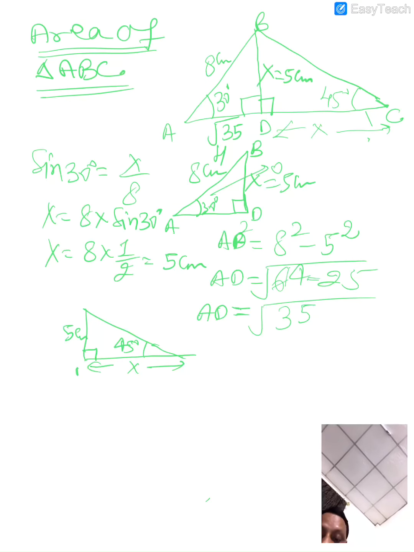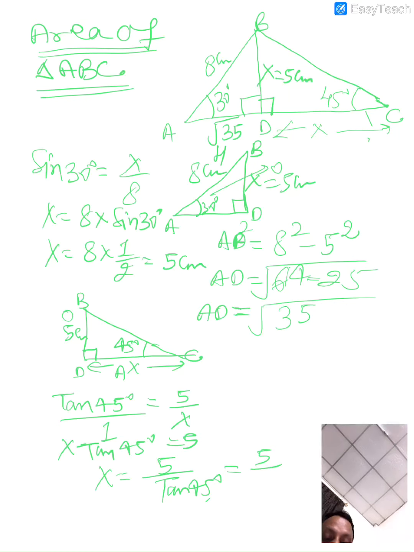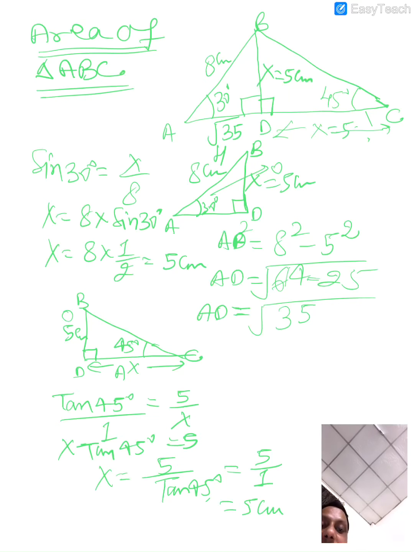This is the triangle D, B and C. So tan 45 is opposite over adjacent, so tan 45 degrees is equal to 5 over x. Cross multiply, x tan 45 is equal to 5, so x is equal to 5 divided by tan 45. As you all know, tan 45 is 1, so 5 over 1 is 5. So this value came 5 centimeters.